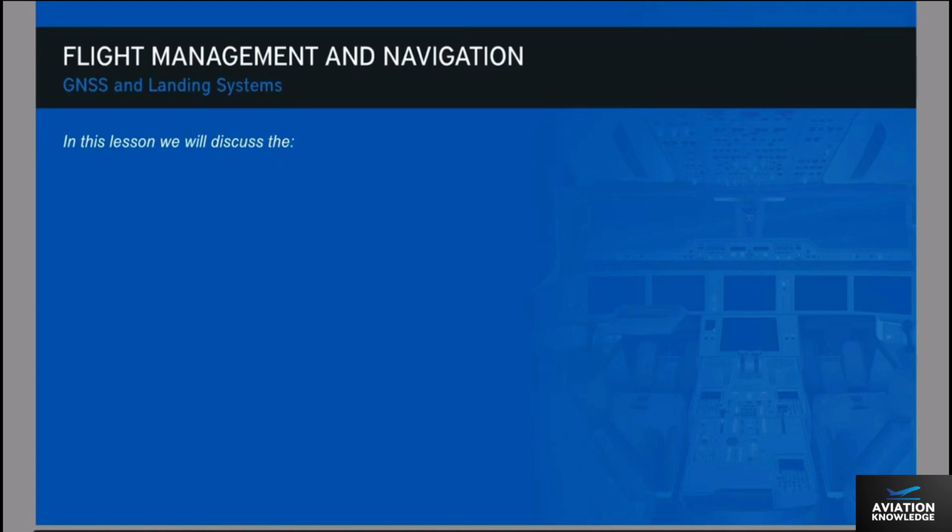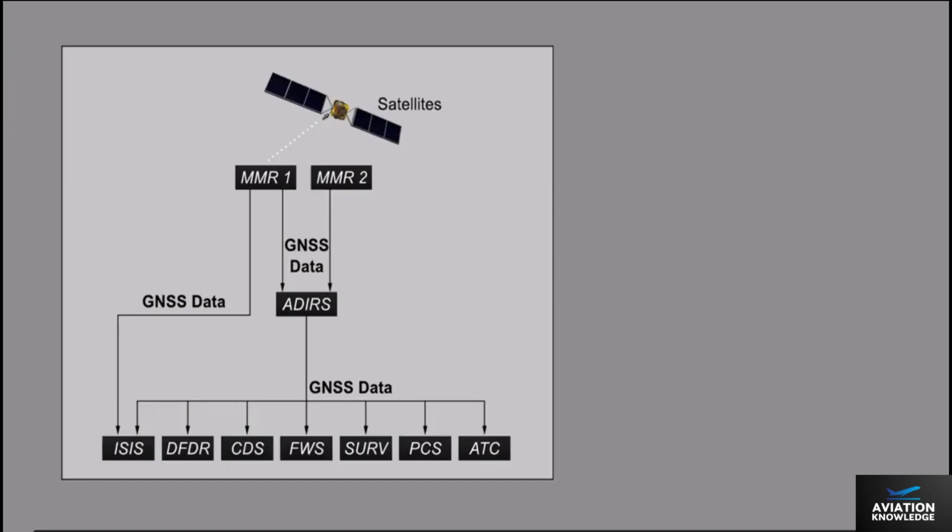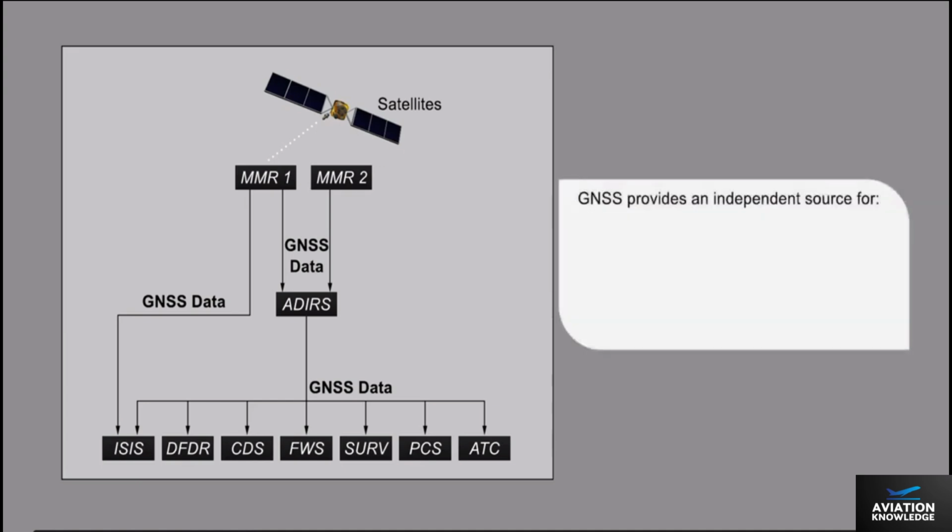In this lesson, we will discuss the Global Navigation Satellite System, GNSS, and landing systems. Global Navigation Satellite System is a navigation system that uses satellite signals. Global Navigation Satellite System provides an independent source for position, speed, altitude, true track, and time data.